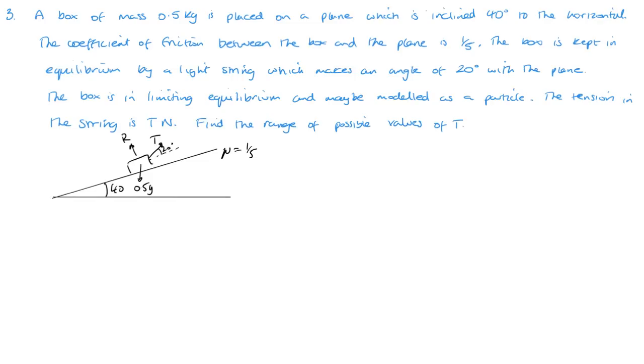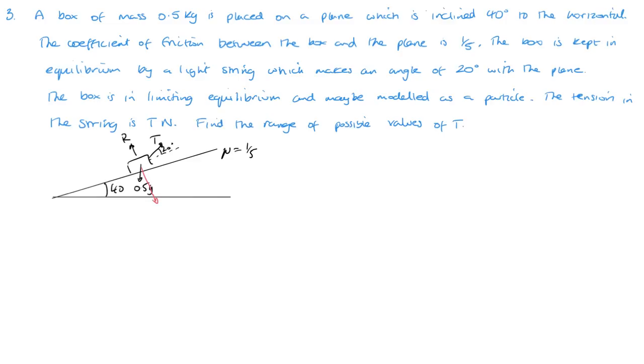Because when this weight here, the force acting down the slope, is greater than the force acting up the slope, friction will act up the slope. But when the tension in the string is greater than the force acting down the slope, then the friction will act down the slope. So we're going to have kind of two scenarios going on.